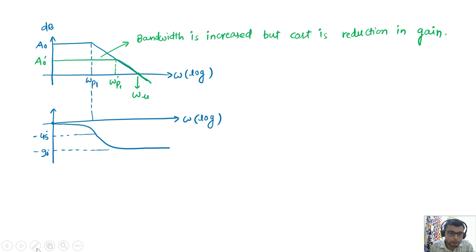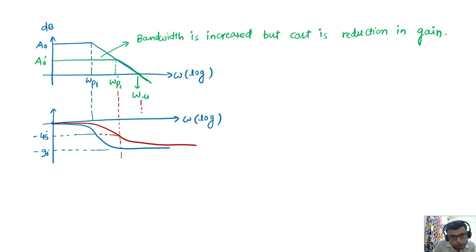So what about the phase of the closed loop system? You can see here, somewhere here it is nearly minus 40, and after that it is trying to reach minus 90.